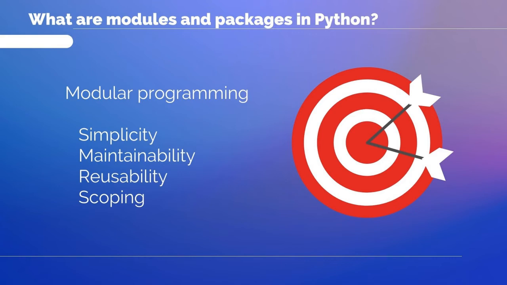Reusability is that the functions defined in a module can be easily reused by other parts of the application, and scoping is that modules typically define a separate namespace, which helps avoid confusion between identifiers from other parts of the program. Modules are, in general, simply Python files with a .py extension and can have a set of functions, classes, or variables defined and implemented.